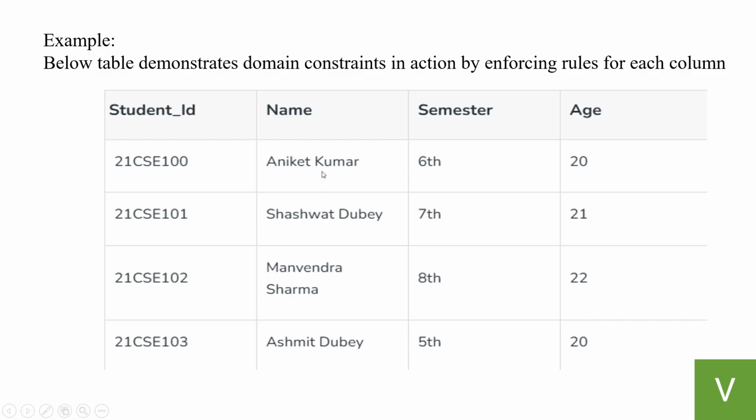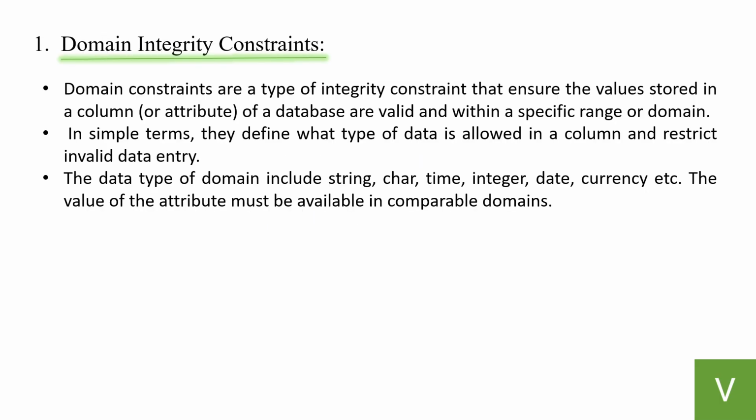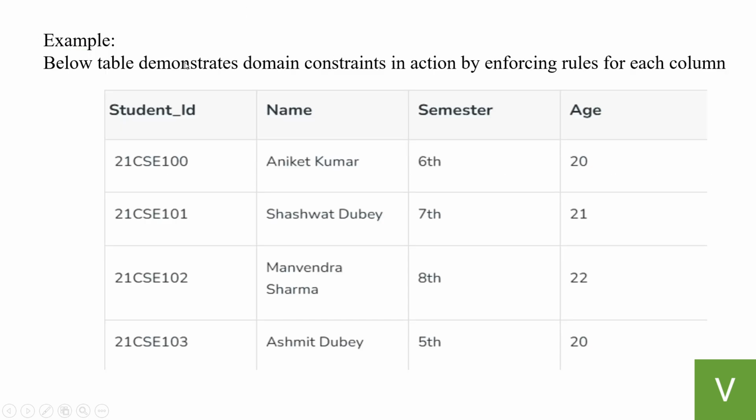Suppose if we are trying to insert a name called 123 hashtag in place of Ankit Kumar, it should not accept. Similarly, the fourth field is age. It should accept only integer values rather than string values or a negative number, because an age cannot be a negative number or in string format. So this is about domain integrity constraint.